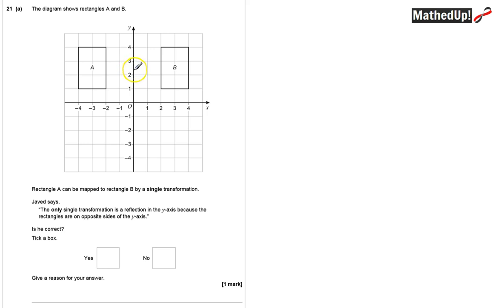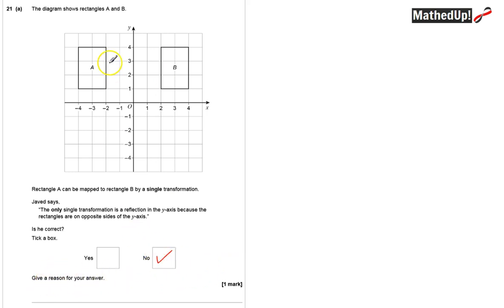But the simplest transformation that takes us from A to B is actually a translation that goes 1, 2, 3, 4, 5, 6 to the right. That will map that point onto that point, and therefore shape A onto shape B. So I'm going to say no, he's not right.